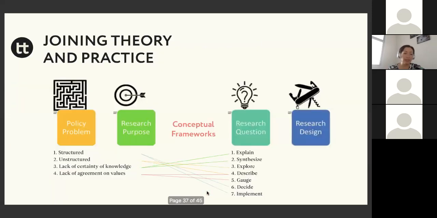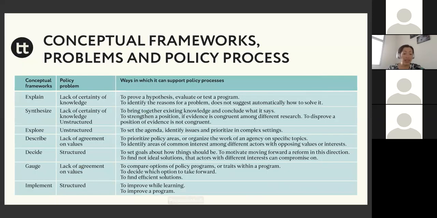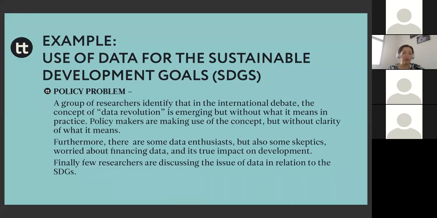So basically, these connections of how different policy problems are related to different conceptual frameworks, that is explained in this summary, and you can read more in detail in the material that I am going to share with you.